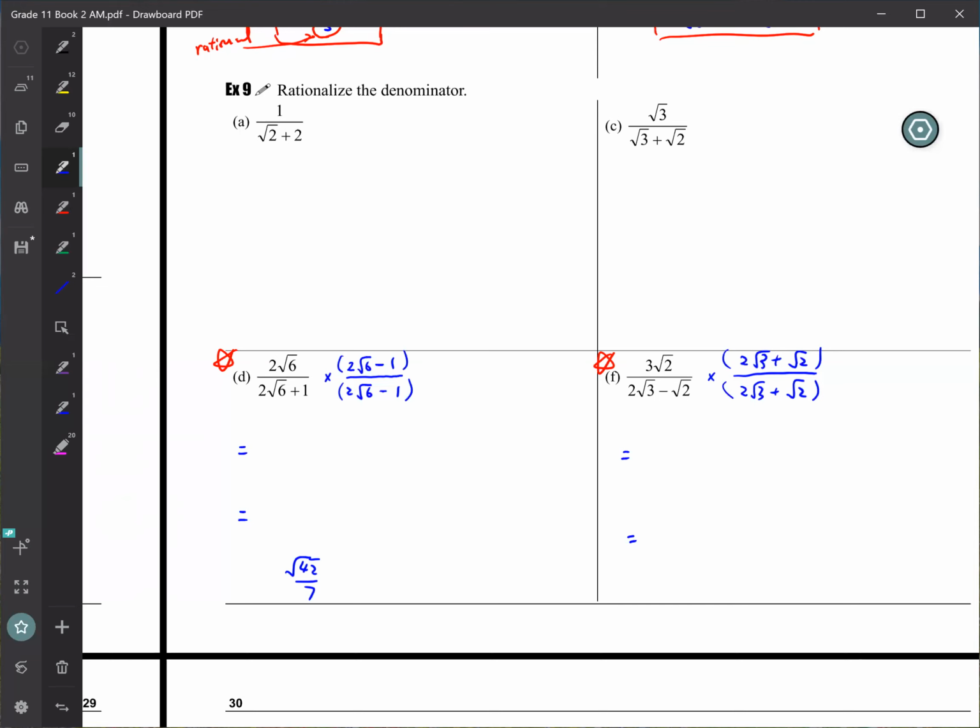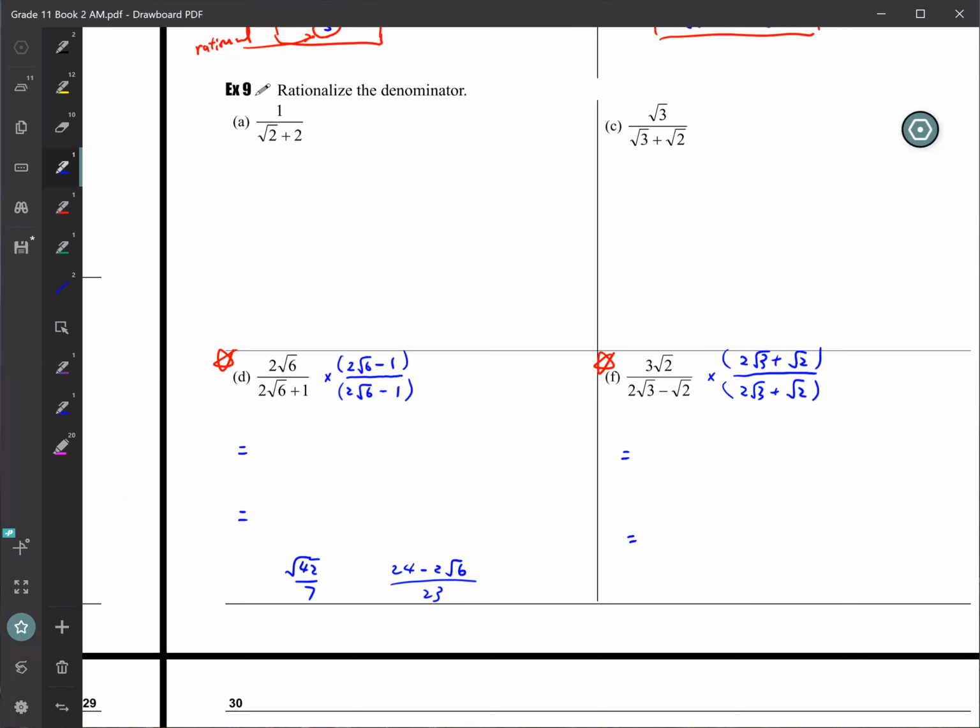What's yours? These questions are weird. That's 24 subtract 2 root 6, over 23. No denominator? It's divided by 23. Okay.